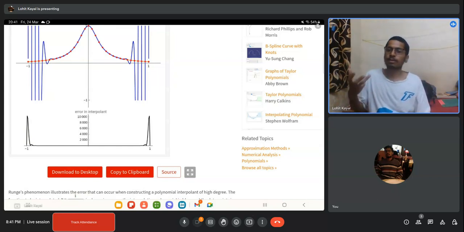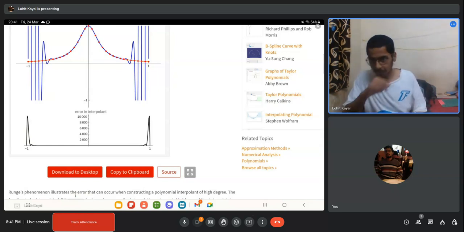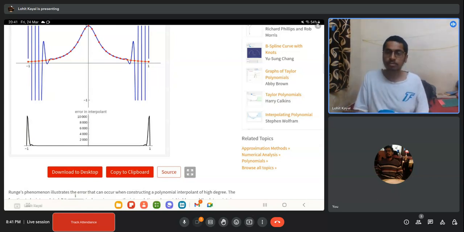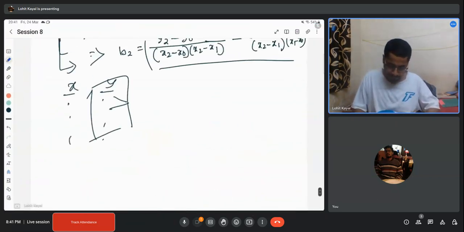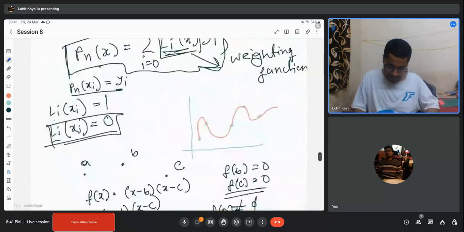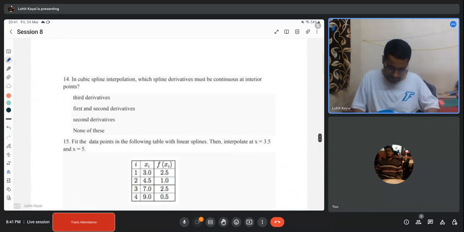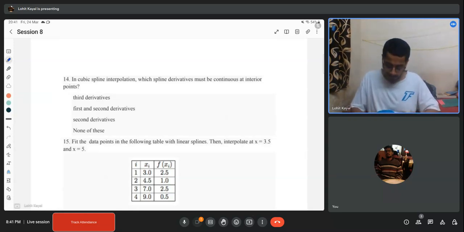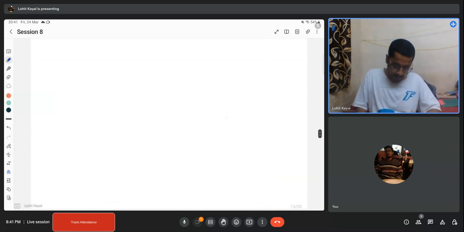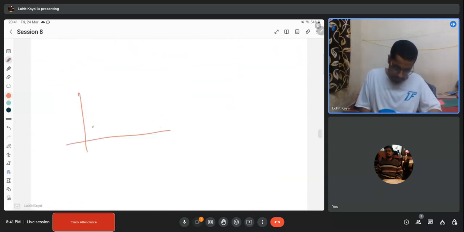Spline interpolation was already discussed in the class, where we deal with piecewise data points. Now let's go back to our calculation. In the case of spline interpolation, suppose you have some discrete data points like this.